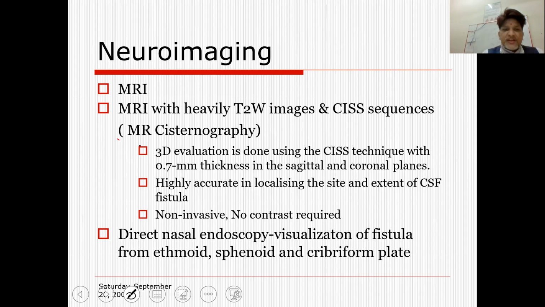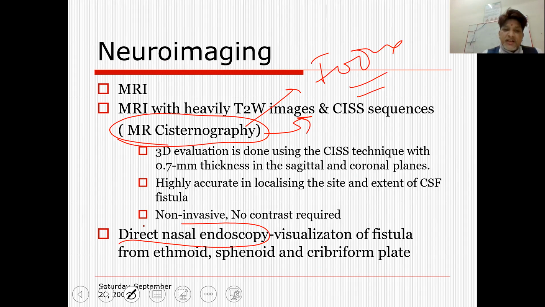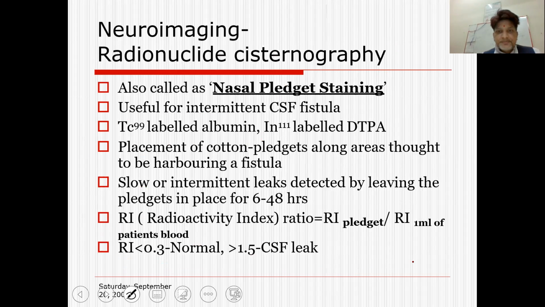So MRI with cisternography, that is again enhancement of an MRI or a CT scan with a radio opaque dye, essentially an iodine dye, or even a direct nasal endoscopy, you can visualize where actually the fracture is.